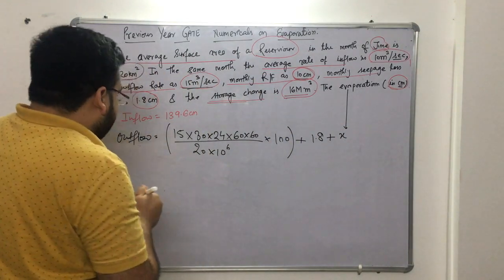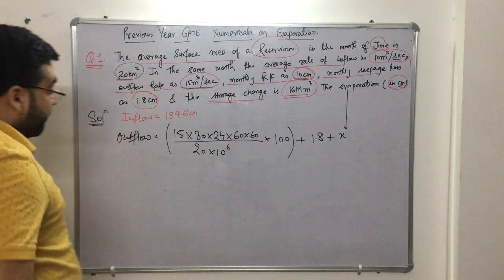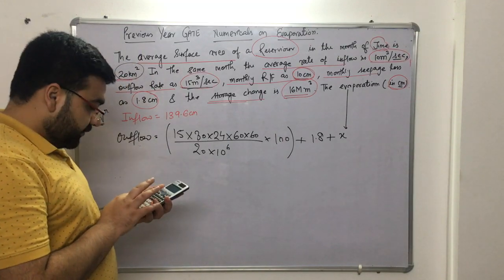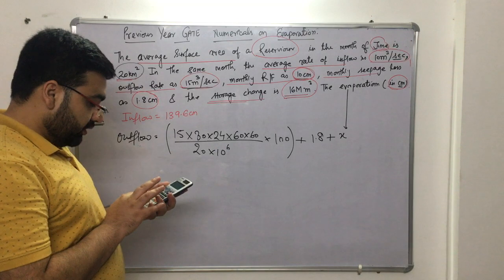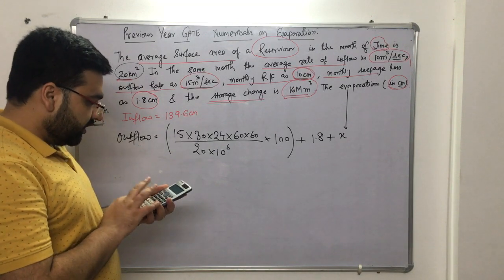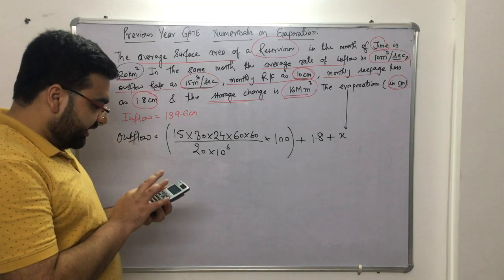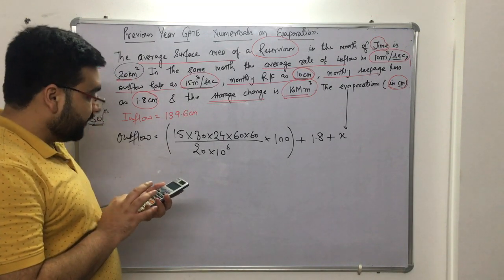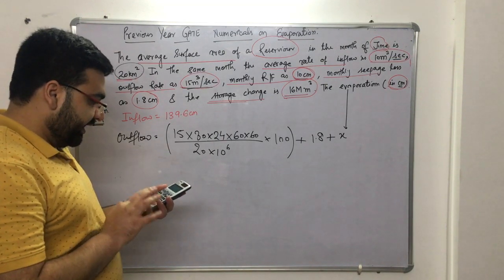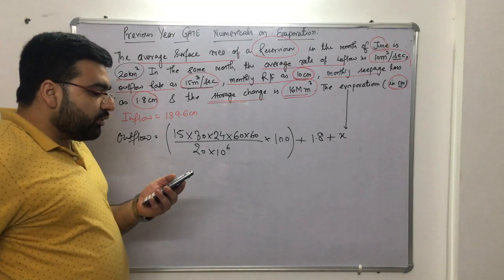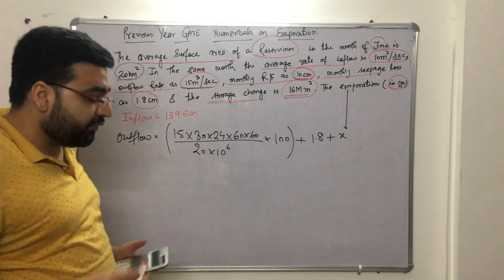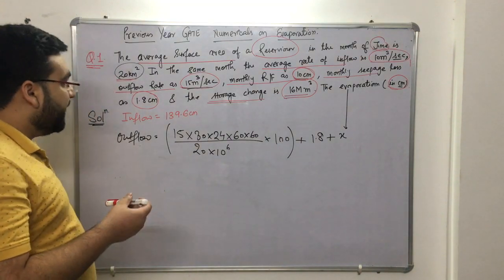So let me calculate how much it is coming. 15 into 30 into 24 into 3600 into 100 divided by 10 raised to power 6 divided by 20 plus 1.8. It comes out to be 196.2 plus X. I hope everybody is getting the same outflow. 196.2 plus X.